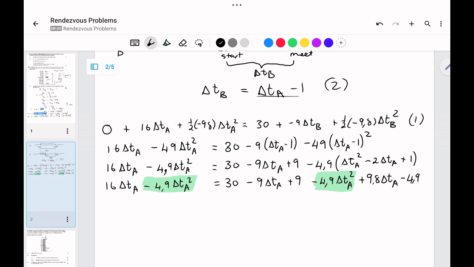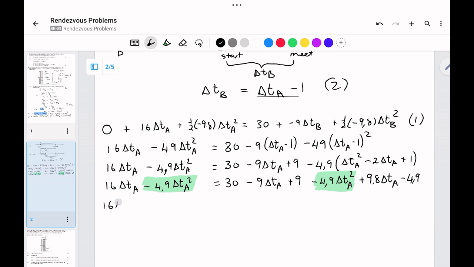So let's get all of the terms with delta TA on the left hand side, and we'll leave all of the constants, all of the numbers, on the right hand side.